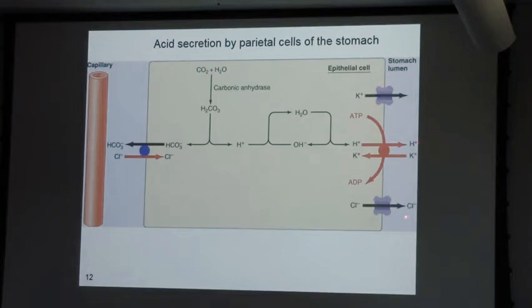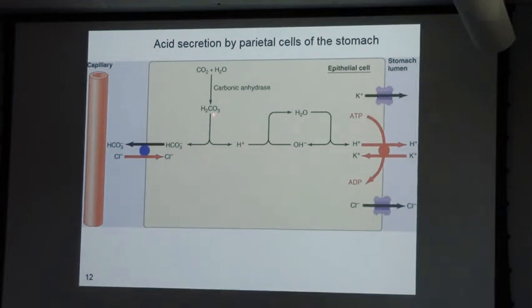Pumping protons is accompanied by chloride flowing down its electrochemical gradient, in response to pumping those protons, through a chloride channel. So protons are pumped and chloride flows passively. And there's HCl, hydrochloric acid. Let's not worry about this K channel, it's not that important.